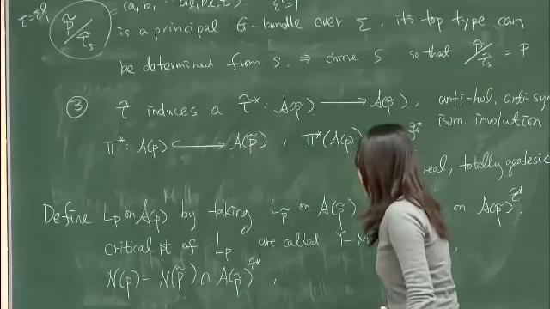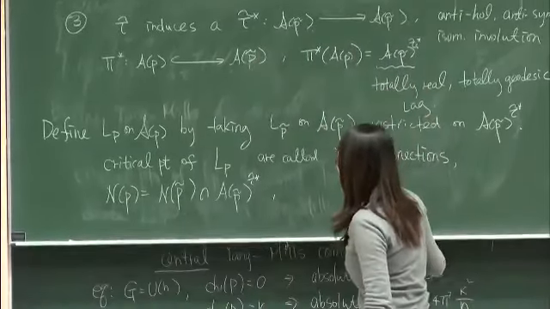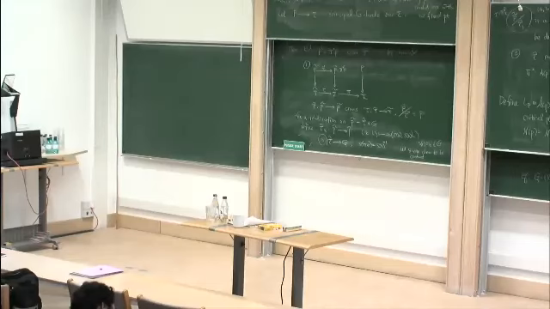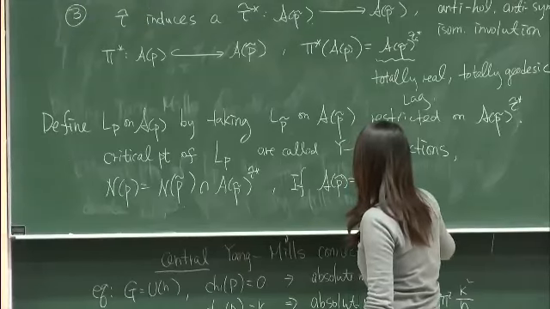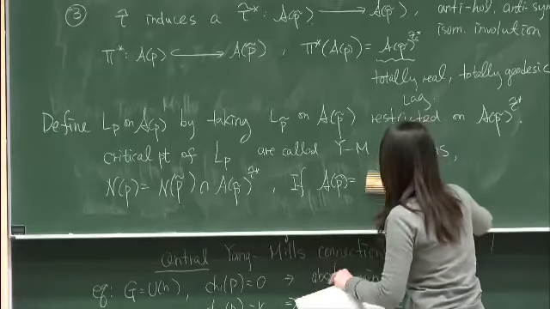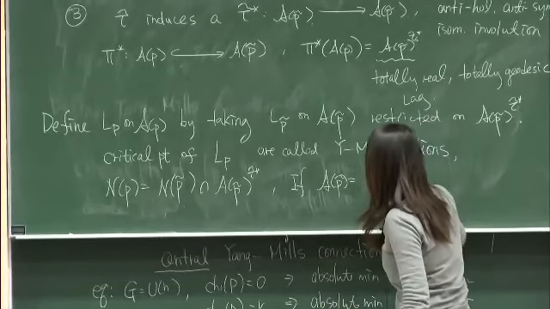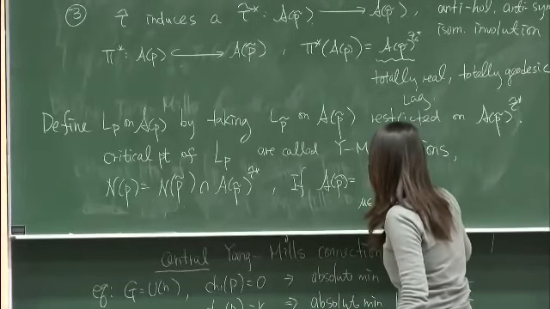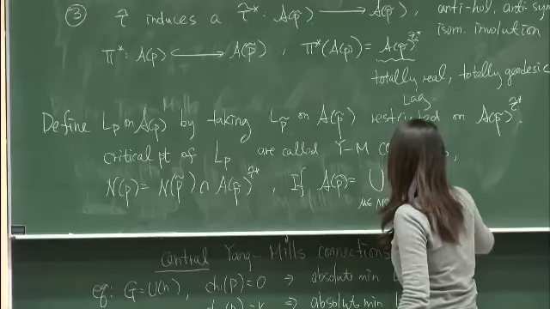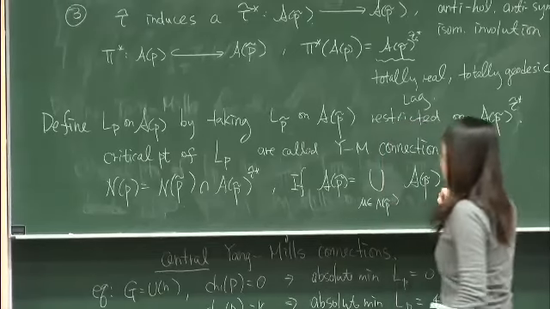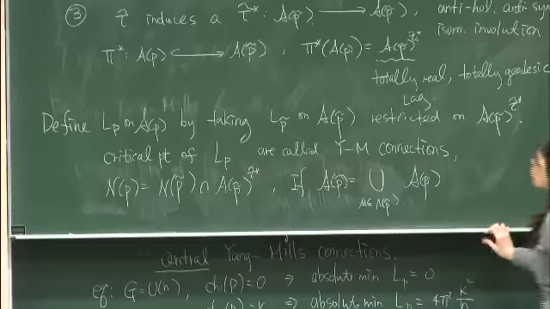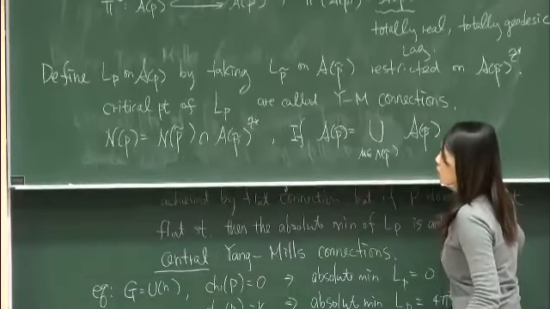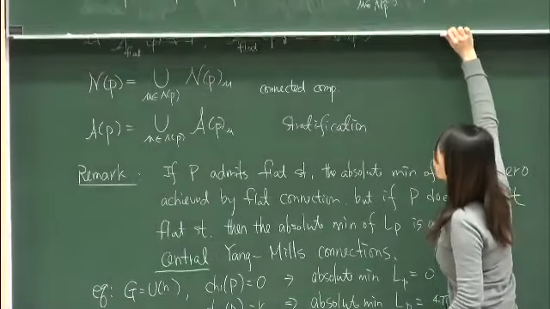And so if AP is a stratification upstairs, then we can get a stratification downstairs by taking the intersections.